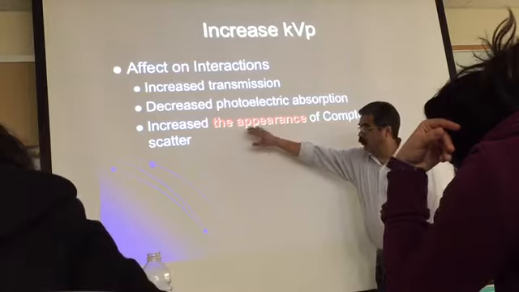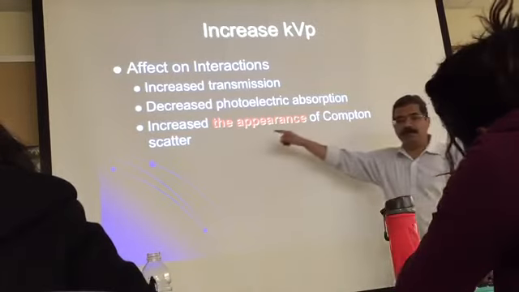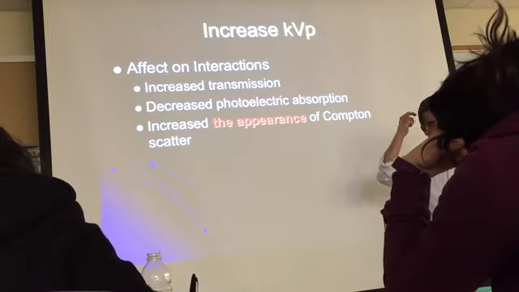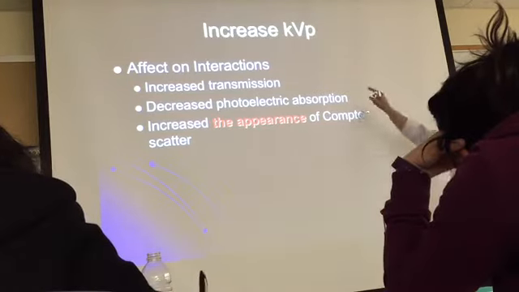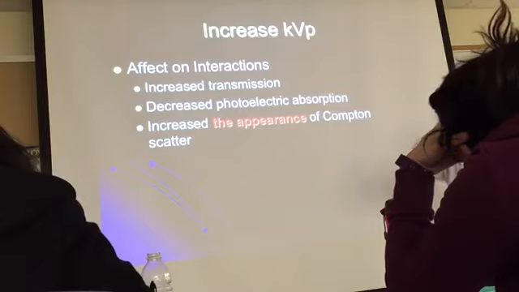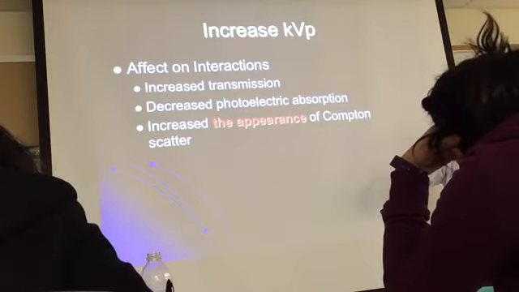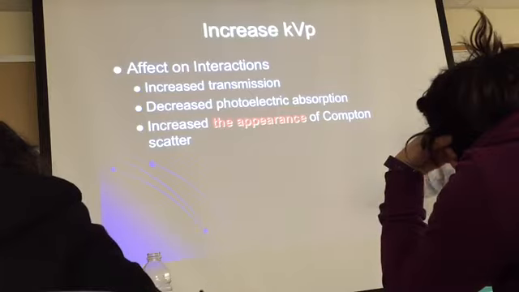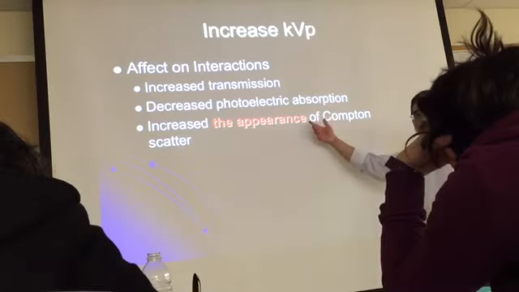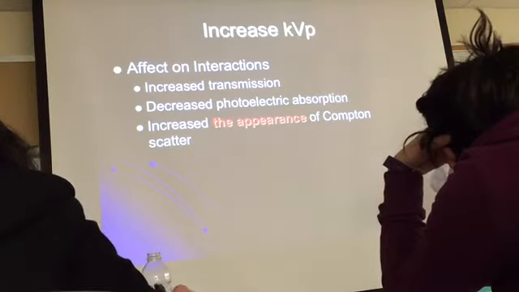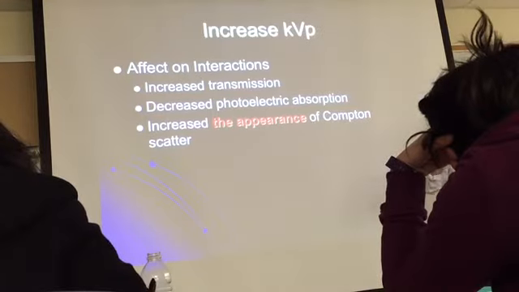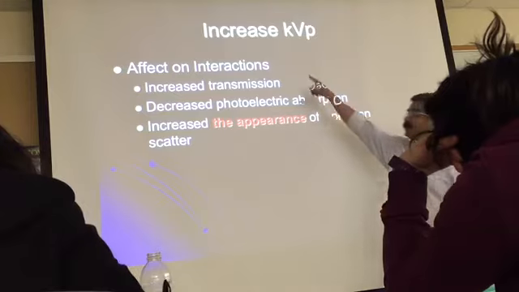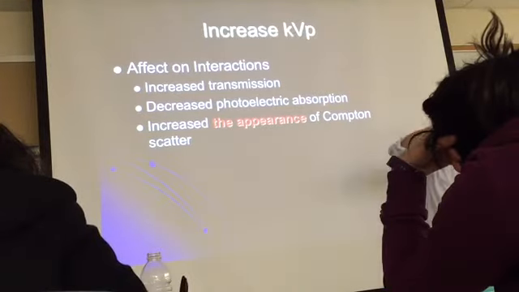Following here, you will see an increase of appearance in Compton scatter. What happens is, when you increase KVP, you increase transmission. Both photoelectric and Compton decrease. And so the question is, why do we see more? The reason you're seeing more is because the very few Compton interactions that you have, because you have increased the KVP, the photons have more energy.